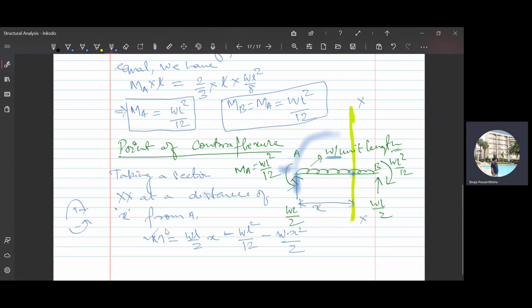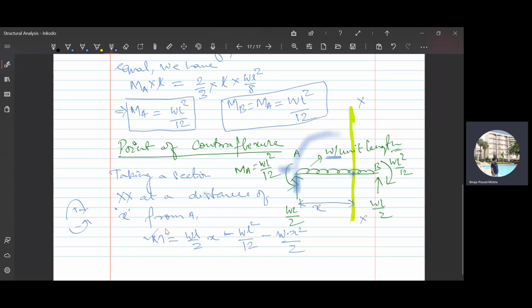I am saying that I am taking a section at a distance of x and finding that moment. I equate it to 0, and I will get some value of x. Now, what will that value of x tell me?